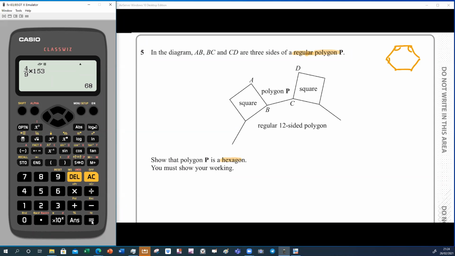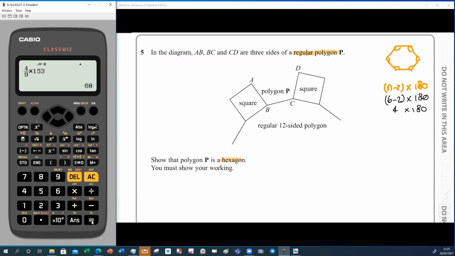So what do you know about the internal angles? The internal, what does that add up to? 360. So how many sides does a hexagon have? Hexagon would have 6. So if you want to work out the internal angle sum of, for example, a hexagon, you do 6 minus 2 is 4. So you do 4 times 180. That tells you what all the angles add up to inside. Oh, but this is one way of doing it. I'll show you a different way as well, which is quicker.